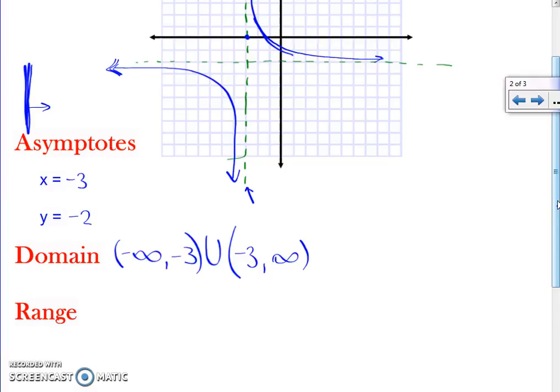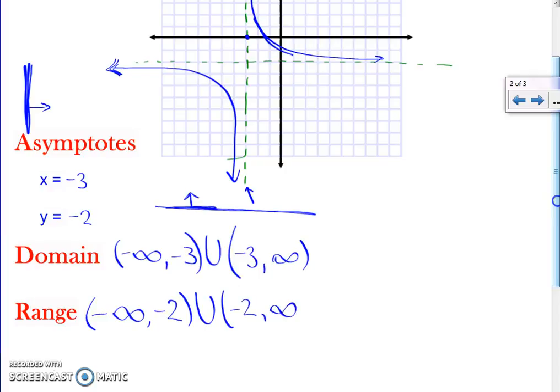Same thing with range, except we're starting at the bottom and scanning upwards. What's the first thing we run into? -infinity up to -2. There's a jump, and then it starts again at -2 up to infinity. So you're going to see a pattern with these domains and ranges.